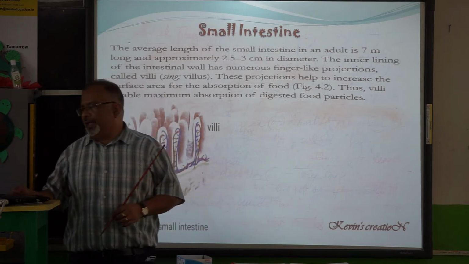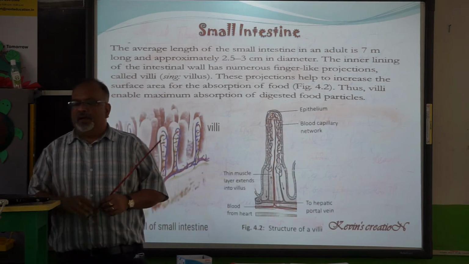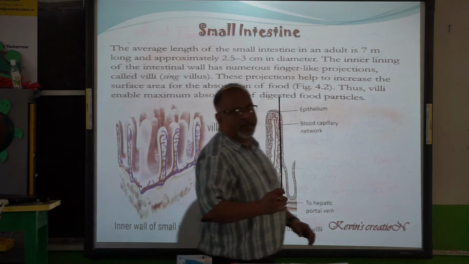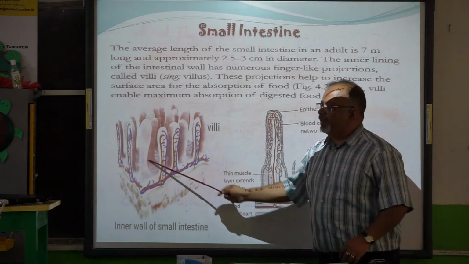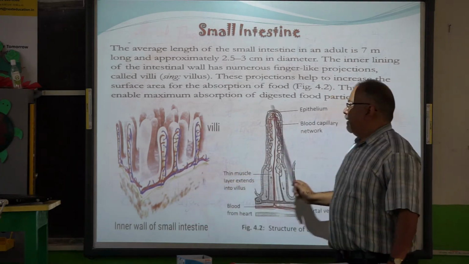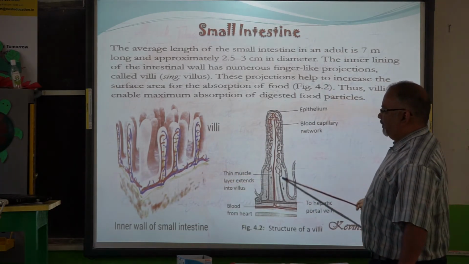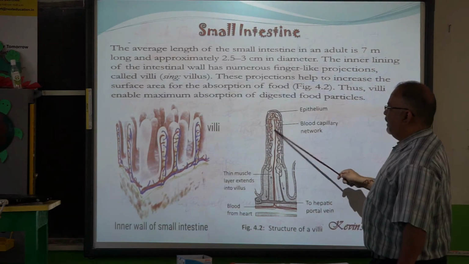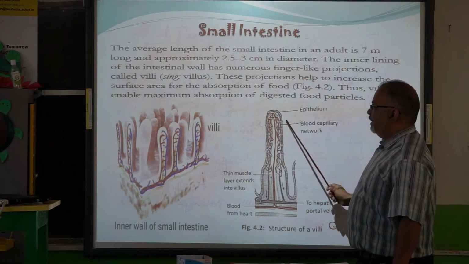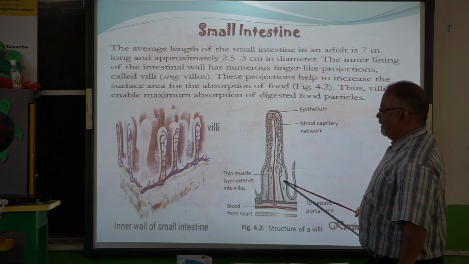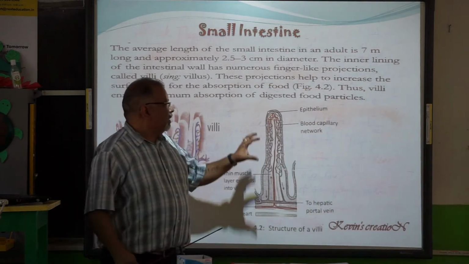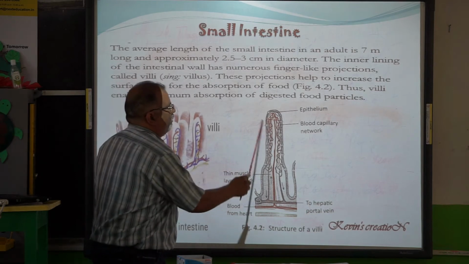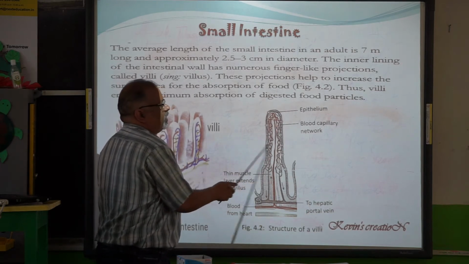Now I will show you the enlarged picture of villi, one villus. So this is the one finger-like projection. Here so many are there, numerous villi are there. Now here only one is given. Inside this you can see network of blood capillary, and these are the epithelial cells. When you go to the higher classes, you will come to know about it. From everywhere food is absorbed in this.